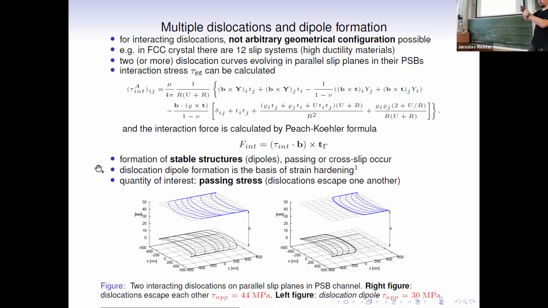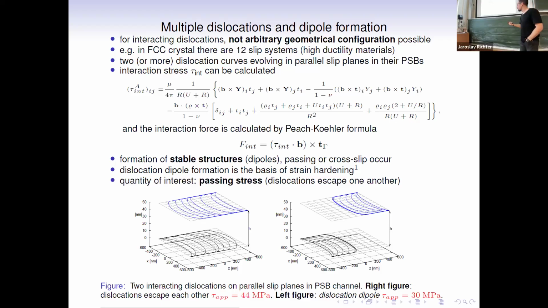Once we know the stress field from one dislocation acting on another, we can calculate the force simply by the Peach-Koehler formula, probably the most famous formula in all dislocation theory. Basically, once we know the stress tensor, we know everything: we multiply it by a Burgers vector, which is given for a specific configuration, times the tangent. And voila, we get the force acting on the dislocations.